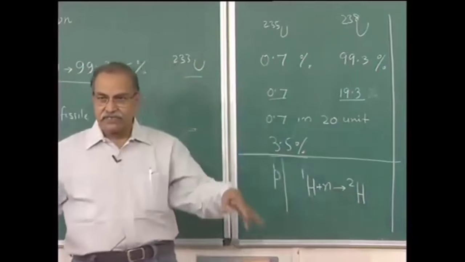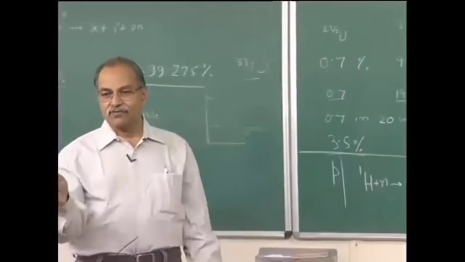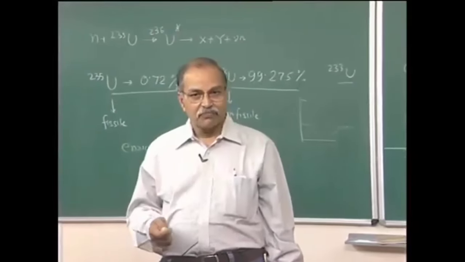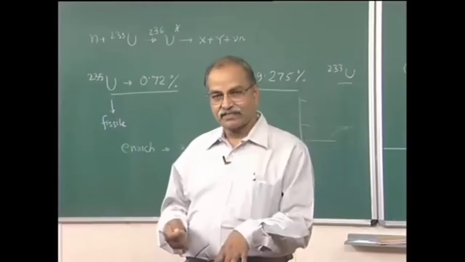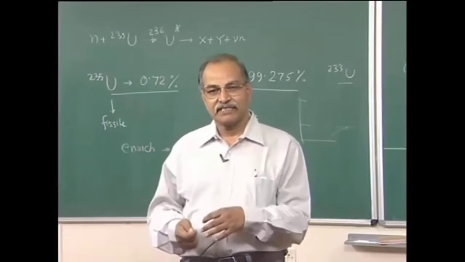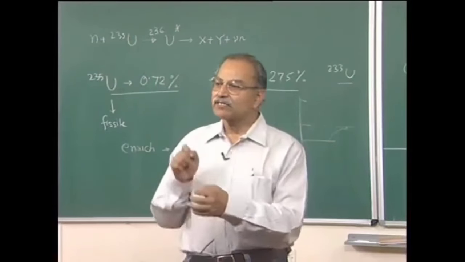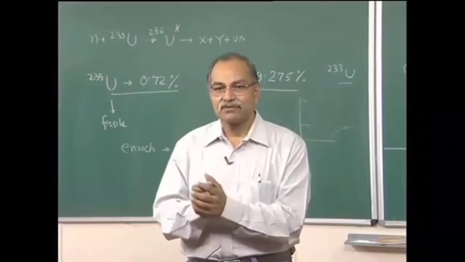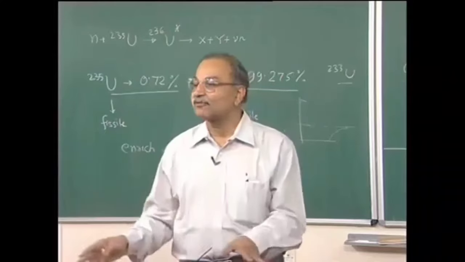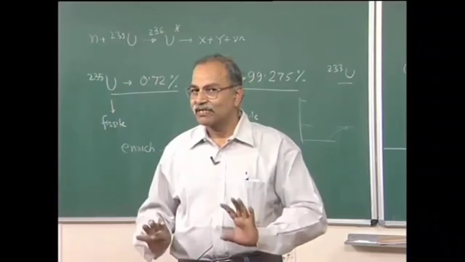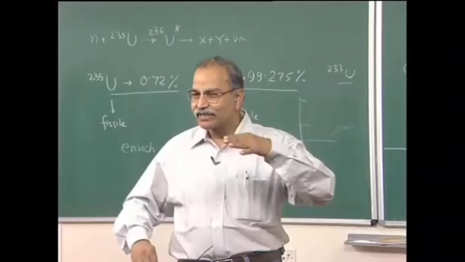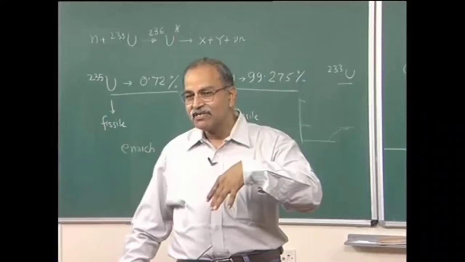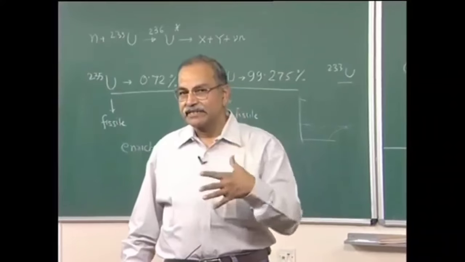So, if you put water there and think that this neutron will go, hit and transfer kinetic energy, it will, but in some of the cases, and the number of such cases may be significant, this neutron can just go and stick to that proton and make deuteron. So, it is altogether lost from the chain. So, for that moderator material, all these considerations should be there. It should not absorb the neutron, at the same time it should reduce the kinetic energy.